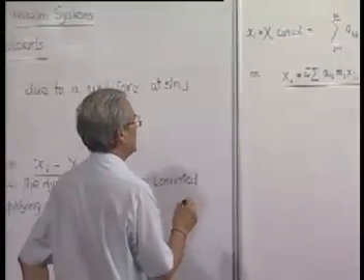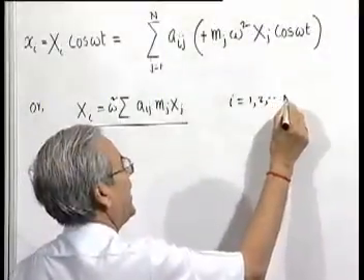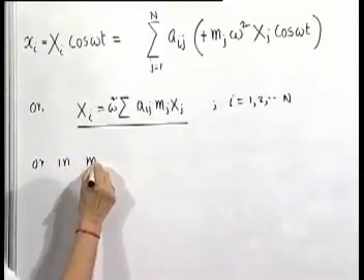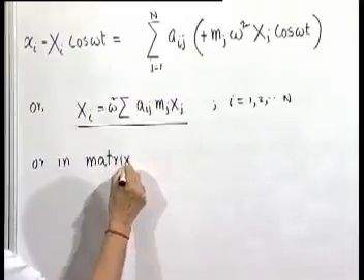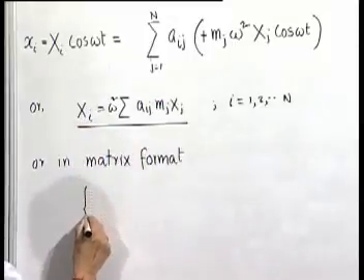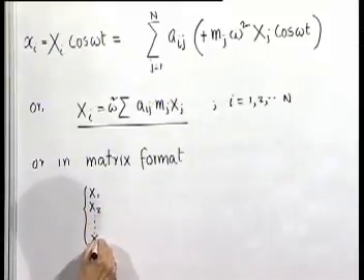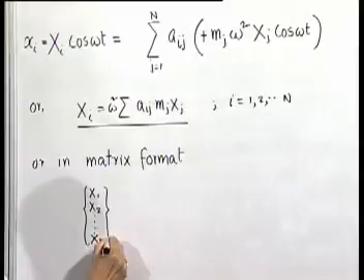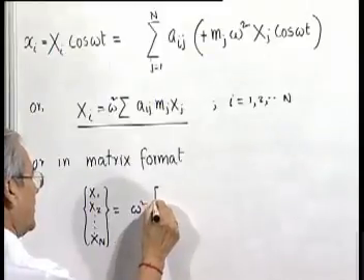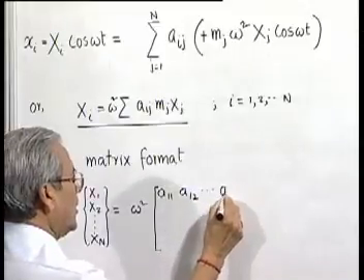This we can write in matrix form, that means i equal to 1, 2 up to n. So, all the equations can be represented in matrix form as x1, x2 up to xn equal to omega square times the matrix with entries a11, a12, up to a1n.